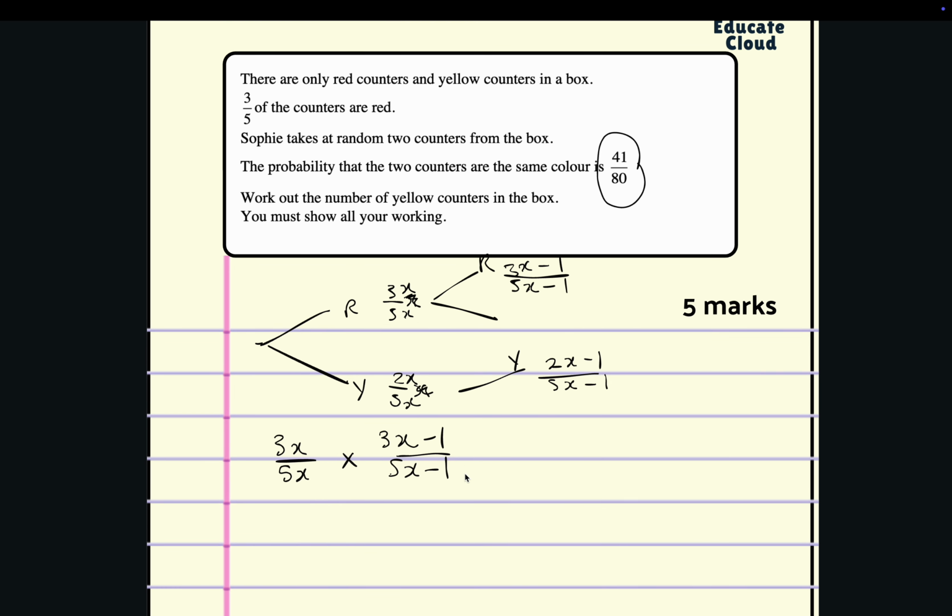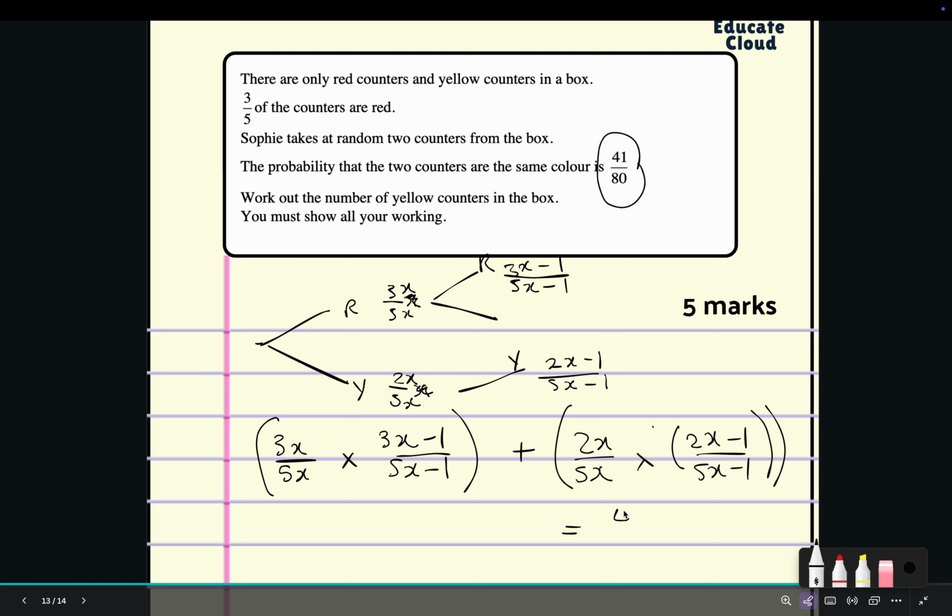Or, so we're going to use add for or, 2x over 5x times 2x minus 1 over 5x minus 1. That is going to equal 41 over 80.